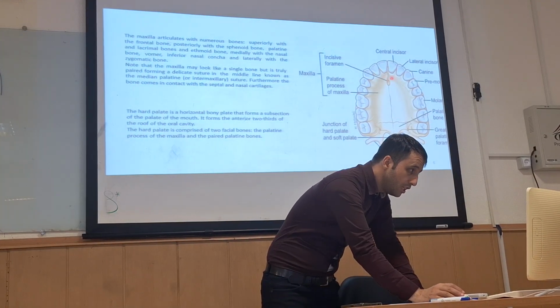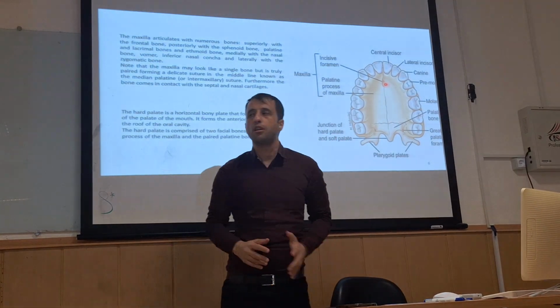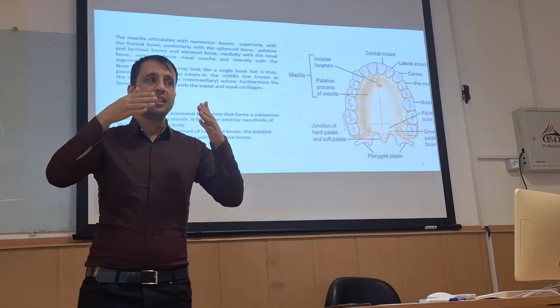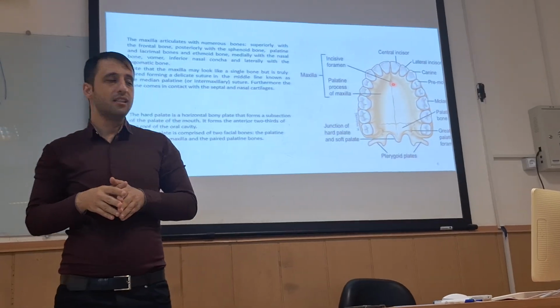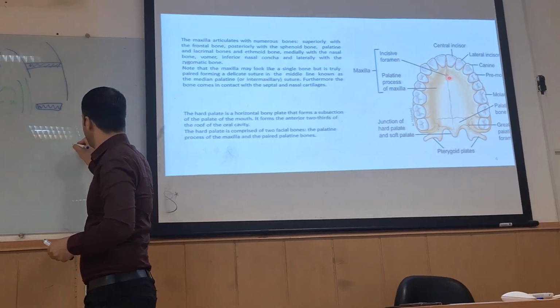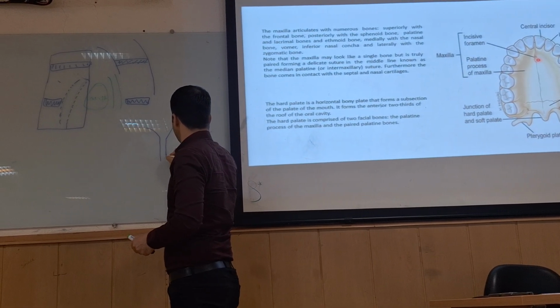Just posterior to the incisive teeth, here we can see a fossa, which is named the incisive fossa. In the depths of this fossa, you can see a canal which is wide.